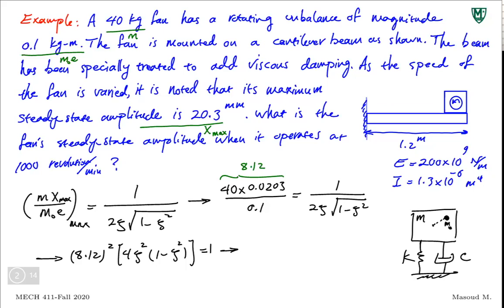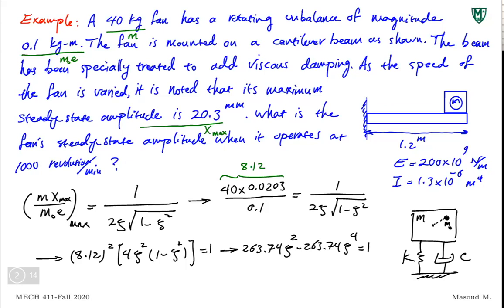So you're going to get 263.74 zeta to the 4th minus 263.74 zeta squared, and this is zeta squared, zeta to the 4th, is equal to 1.